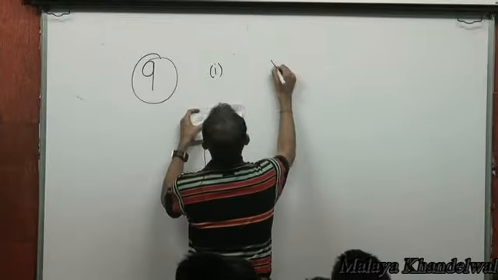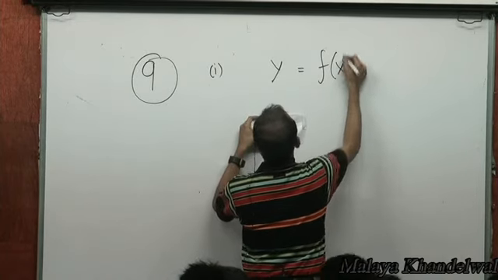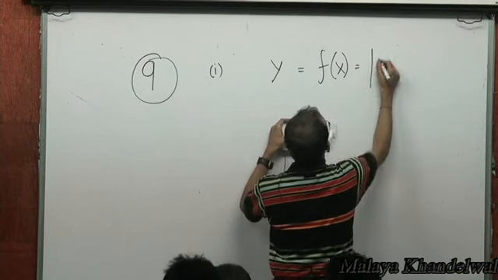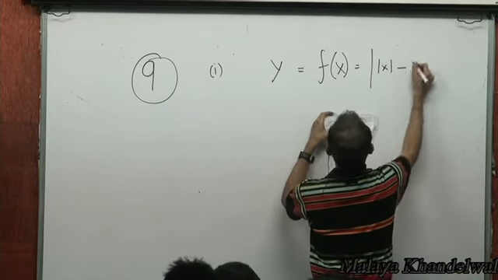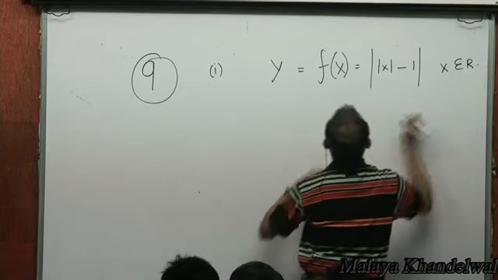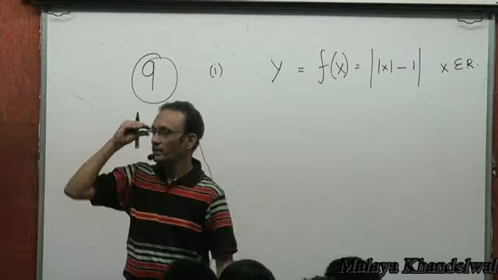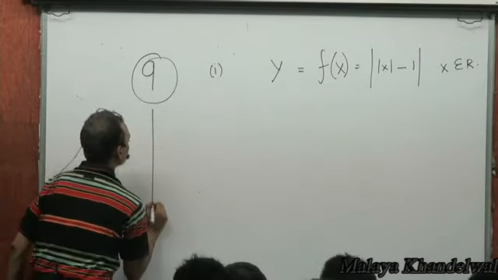Next, we want to discuss y equal to fx equal to mod of mod x minus 1 for all x belonging to the set of real numbers. Let's draw the graph of this. Let me first draw the graph of y equal to mod of x minus 1.